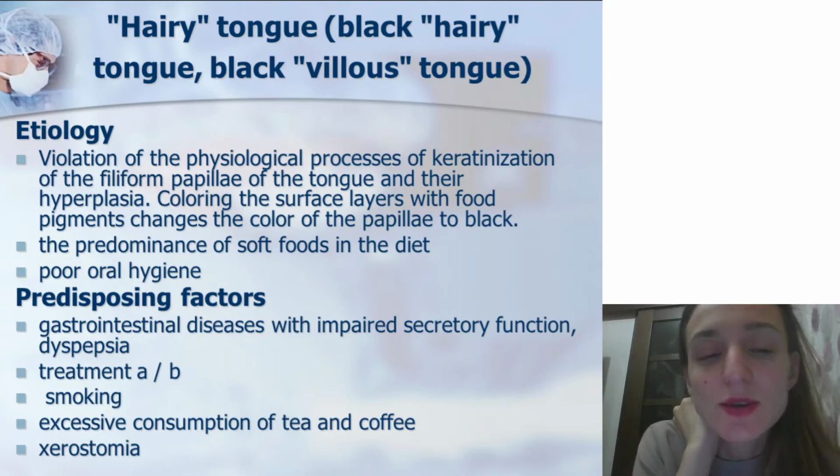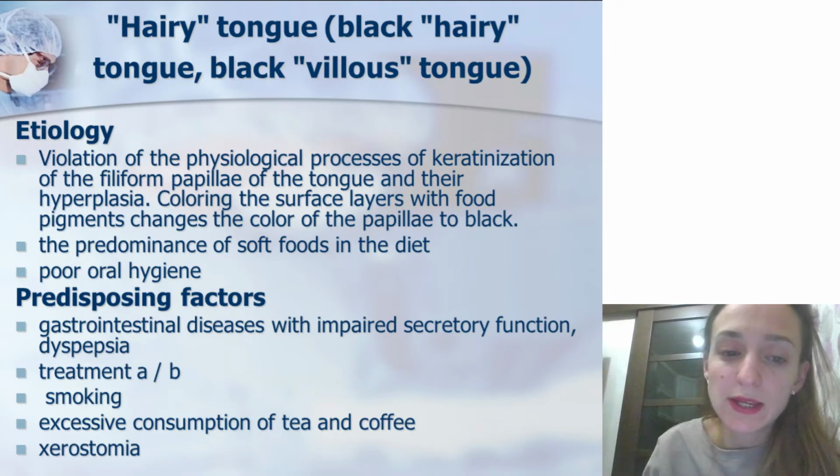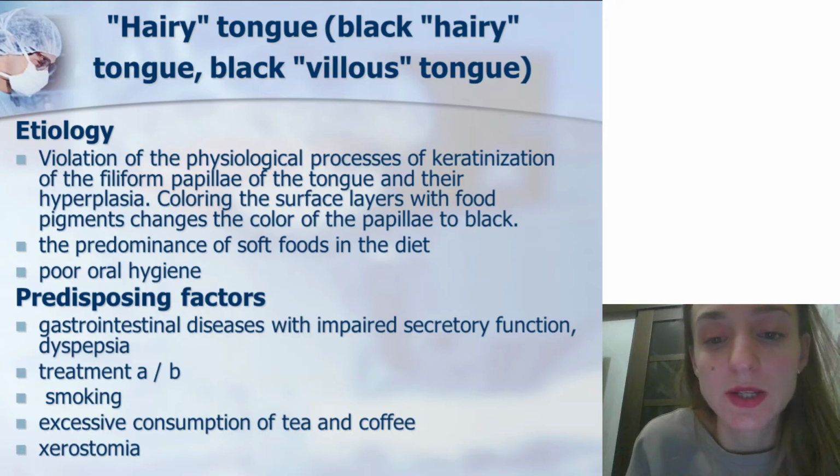The anamnesis, as a rule, contains diseases of the stomach and the intestines with an upset secretory function, and prolonged antibiotic treatment, lowered appetite and dyspeptic problems. Children complain about bad breath. Concomitant candidiasis may occur, and tongue changes can disappear in 2-3 weeks after normalization of the internal organ function.